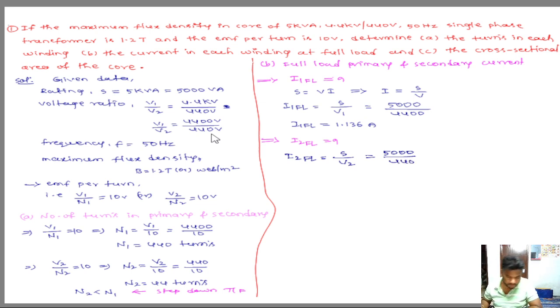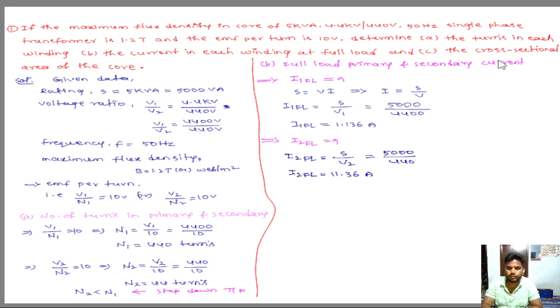So I2 full load is equal to 11.36 amperes.